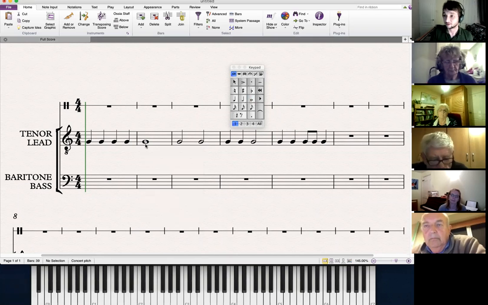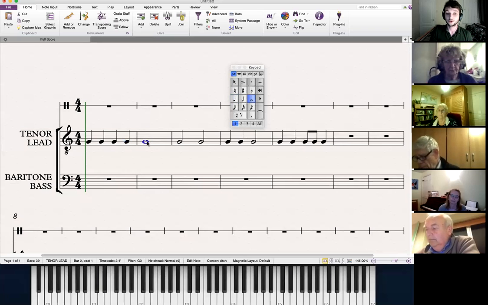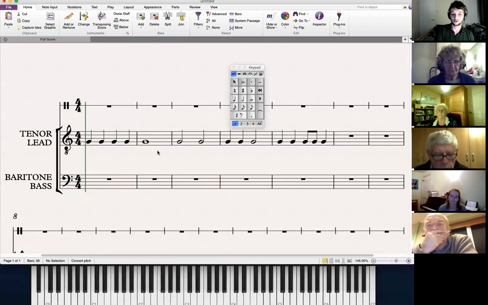So I just hold that note for the whole 4 beats. 1, 2, 3, 4. And there it is. So if I started from here, I'd go 1, 2, 3, 4. 1, 2, 3, 4. Sounds like this.